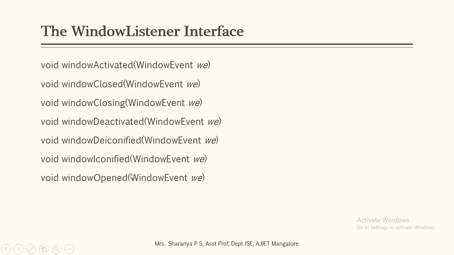All these are events. The component name is written in small case, and the second word, that is the event, begins with a capital letter, and along with that we have to pass the object of each component.